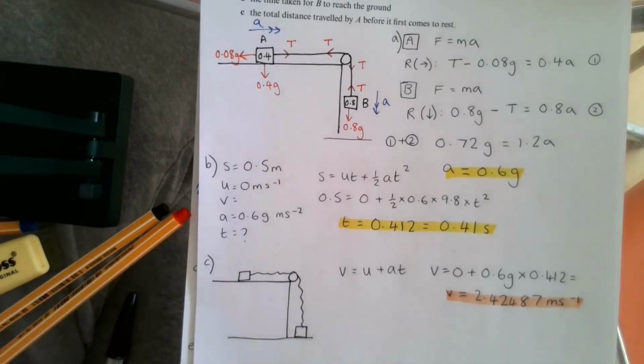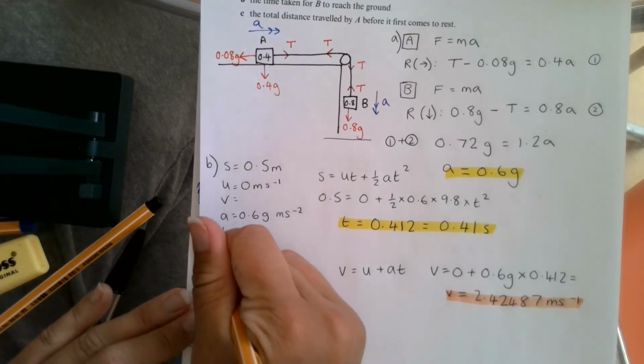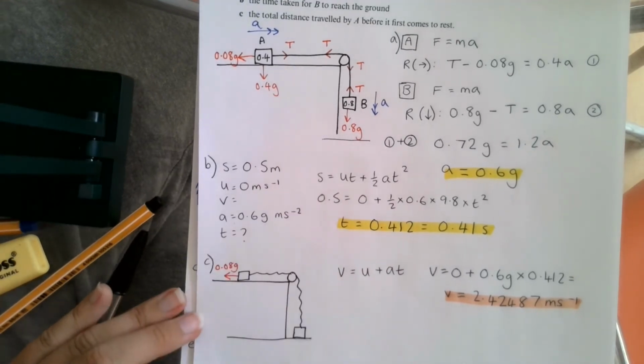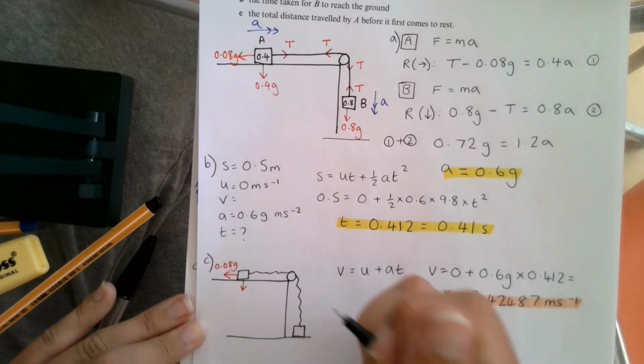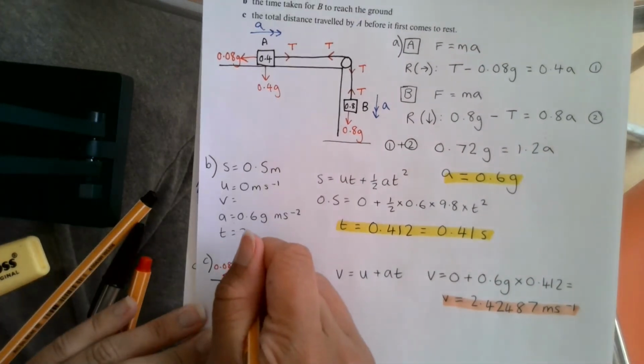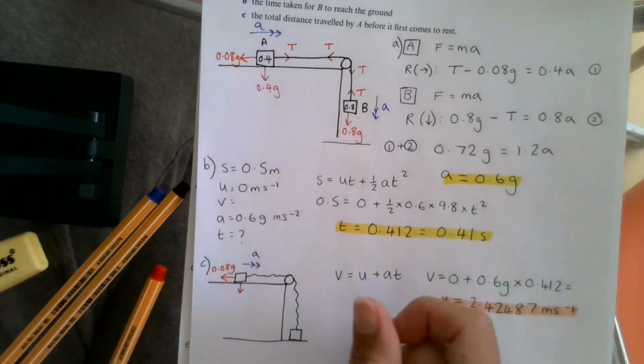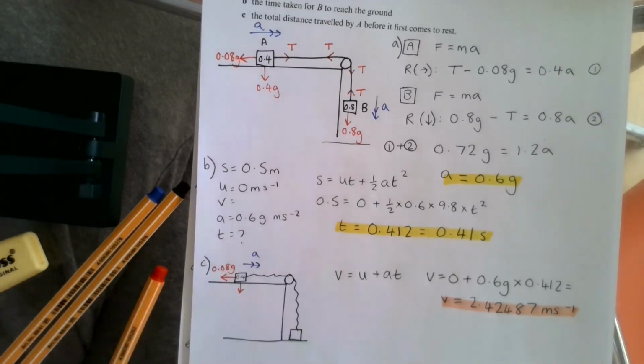Let's have a look at the forces going on here. I've still got that resistance force of 0.08g acting on A. I will still have the weight downwards. I've not got any tension, but A is still moving, so I still have that acceleration there. So let's resolve the forces. Remember that the mass is still 0.4 kilograms.